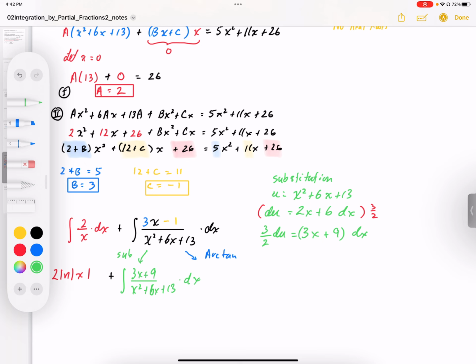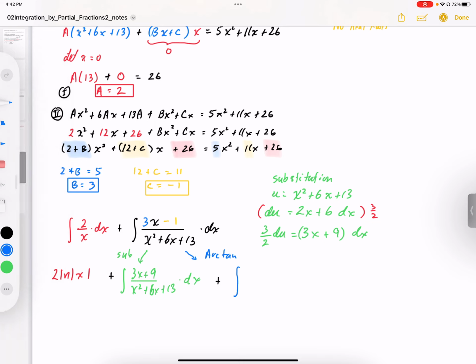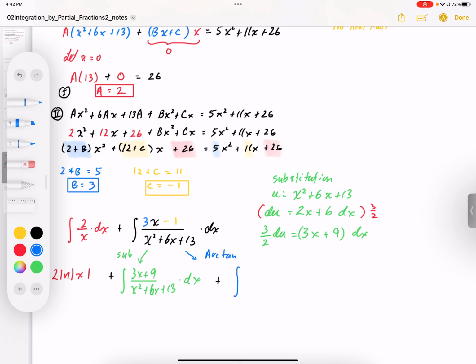And then the leftover part is going to be the arctan part of this. And how do I get the leftover part? Well, I know that the substitution part and the arctan part must get back to the original -1 constant term.